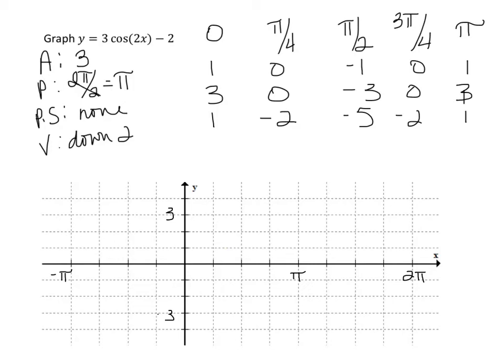So now I'd simply plot these points. So we have 0, 1. My next one is down at negative 2. My next one is down at negative 5, which kind of isn't shown, so we'll fudge it right there. Then we have our next one at negative 2, back to 1. And we move backwards as well.